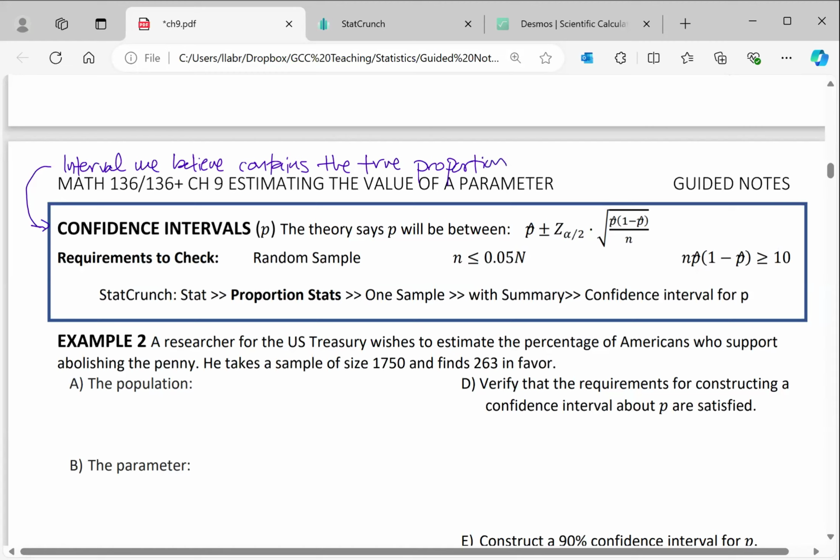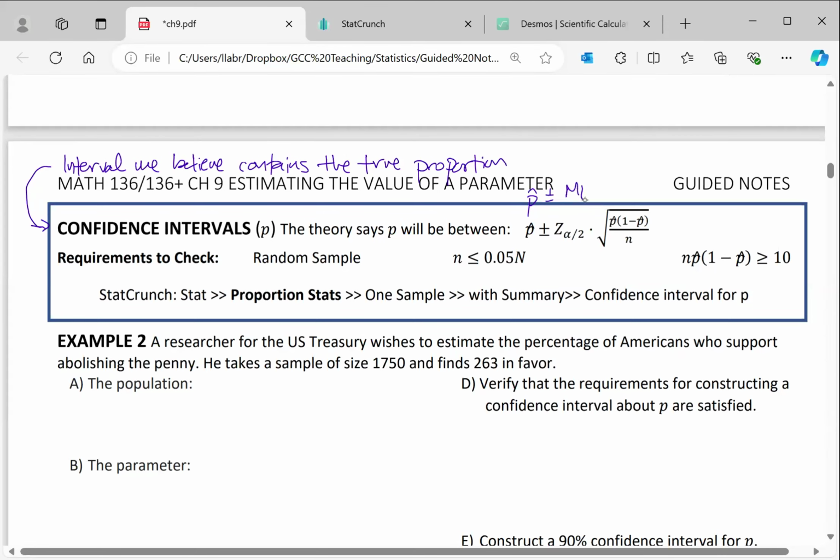All right. So if we can somehow create a confidence interval, then it gives us an idea of what the true population proportion will be.